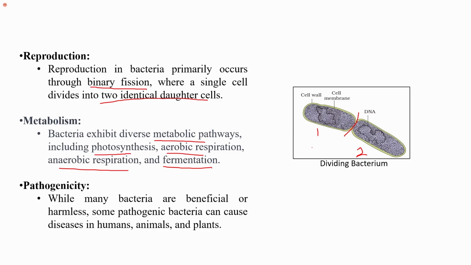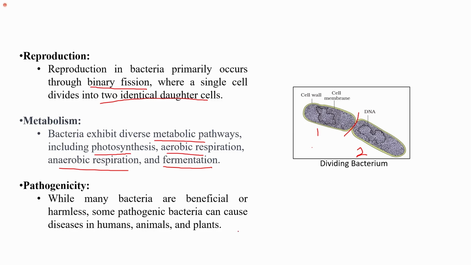They cannot survive without oxygen. There are some bacteria that can undergo photosynthesis, therefore can make their own food. This is related to their diversity in the habitat also. Depending on the habitat and their environmental conditions, they have adapted to different metabolic pathways.